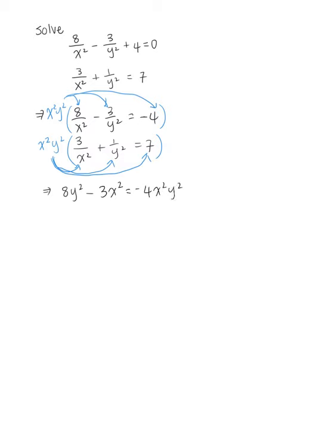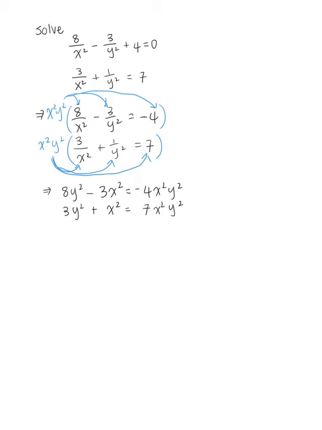Doing the same thing for the bottom equation, we're going to have 3y squared plus x squared equals 7x squared y squared.